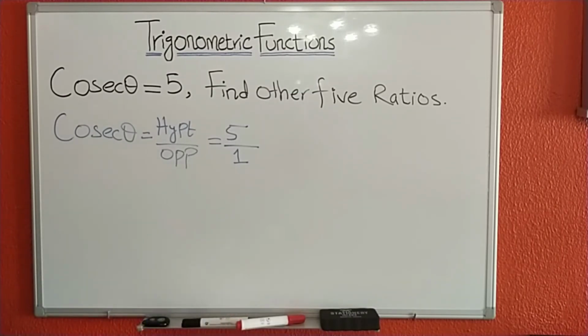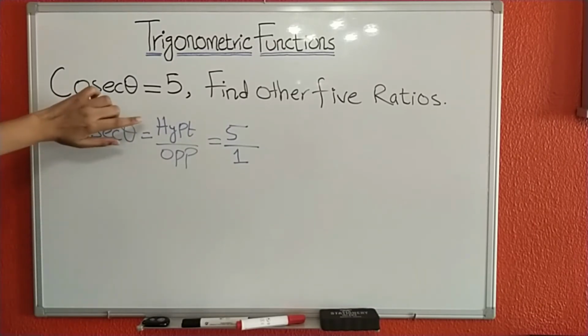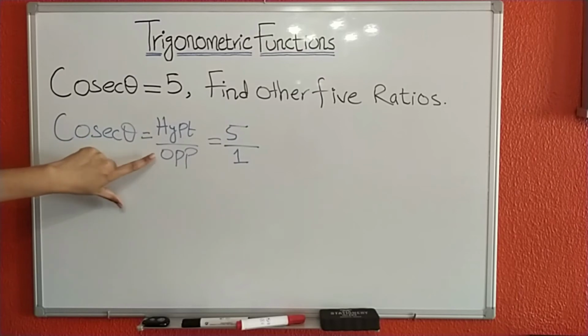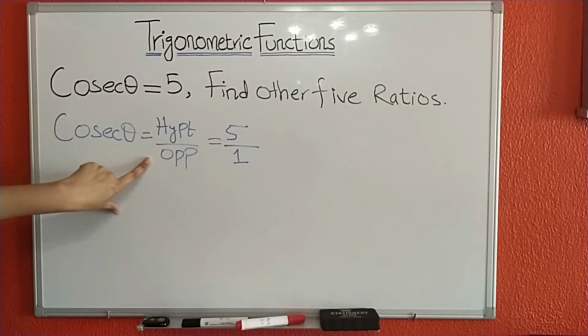Okay, now before finding the other 5 ratios, I have to find the value of base or adjacent, as I have the value of hypotenuse and opposite side or perpendicular, but I don't have the value of base. So to find the value of base, I have to use the Pythagoras theorem here.